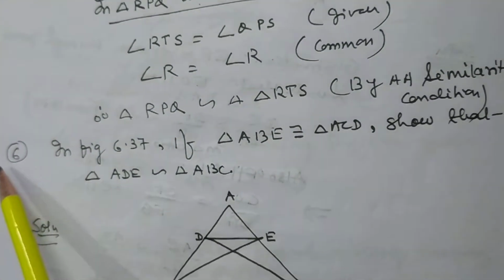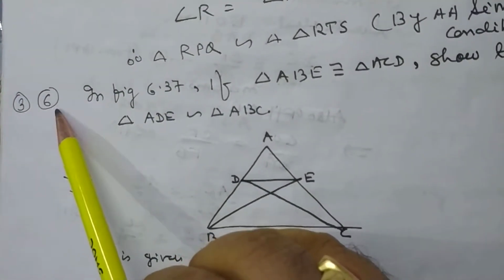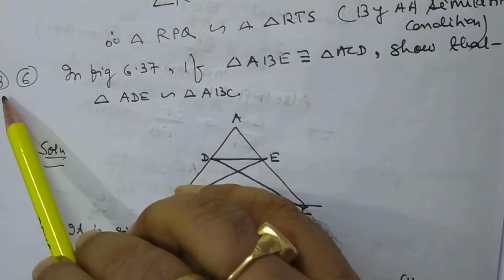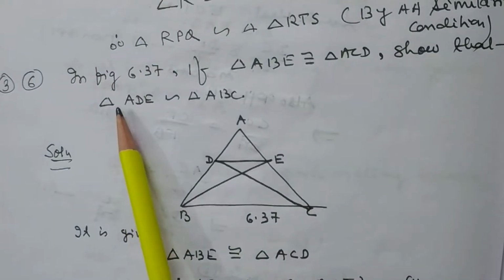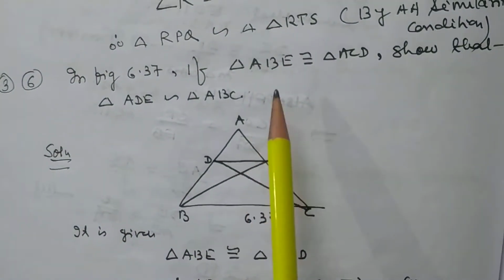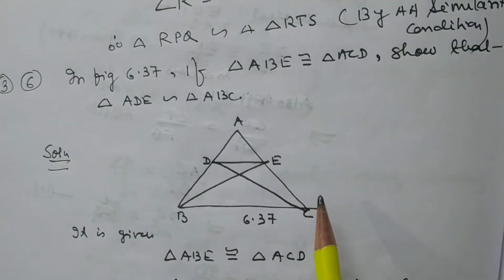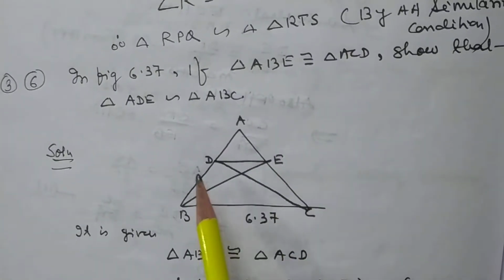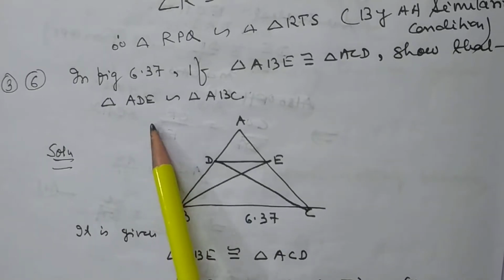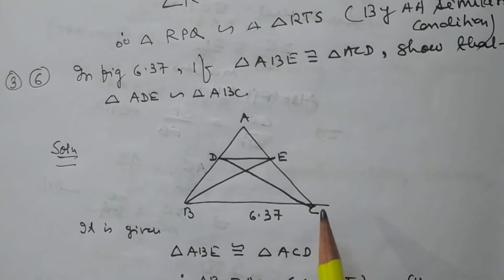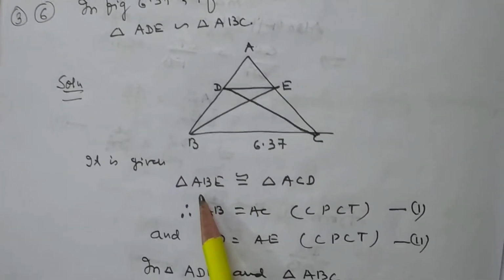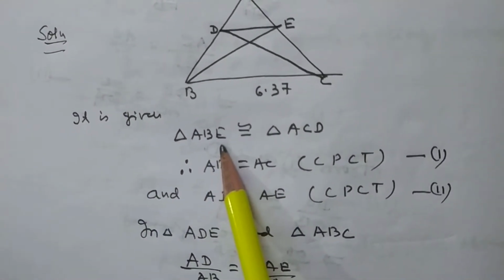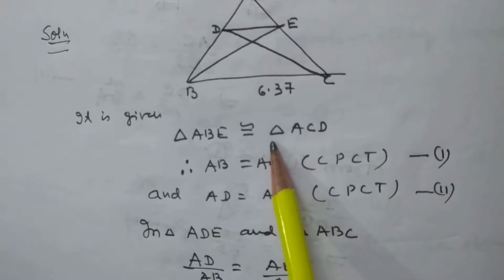In problem 6 of this NCERT and problem number 3 of this study material, in figure 6.3, if triangle ABE is congruent to triangle ACD, then triangle ADE is similar to triangle ABC. It is given that triangle ABE is congruent to ACD.